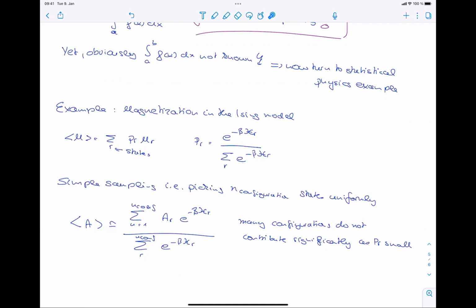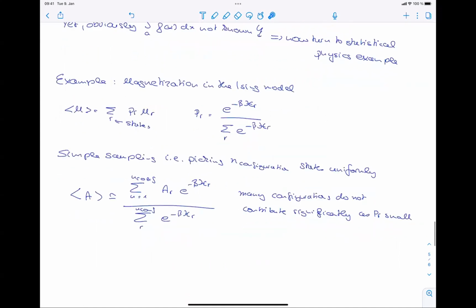We know that, for example, if you have states with a very large energy, they won't contribute, right? But if I just randomly draw sample configurations, then I will hit those with a low P_R much more likely, actually, than the ones that have a low energy and are contributing a lot.